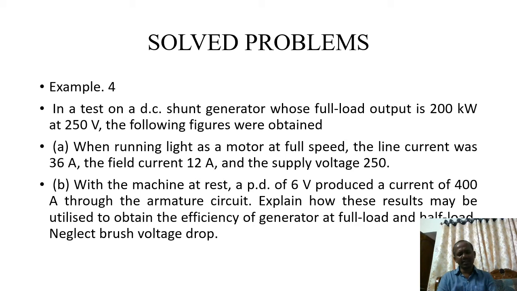When the machine is at rest condition, 6 volt potential difference is produced and current is 400 ampere passed through the armature. So at this condition, how are we utilizing this test data for obtaining the efficiency of the generator at full load and half load. In the problem also, neglect the brush voltage drop.